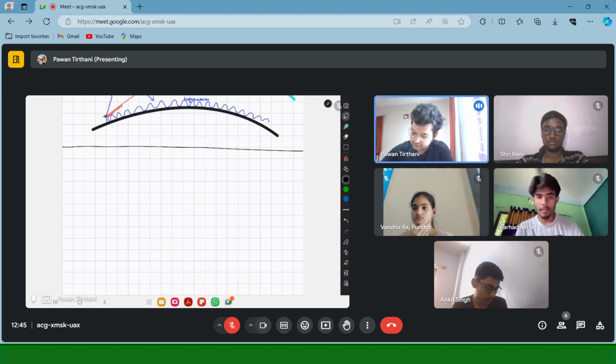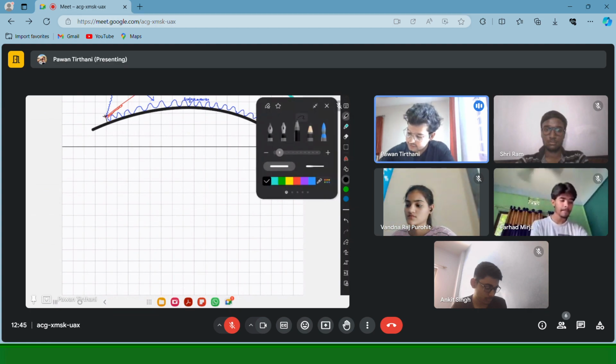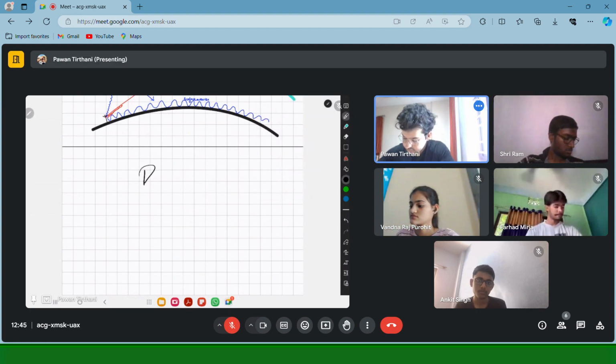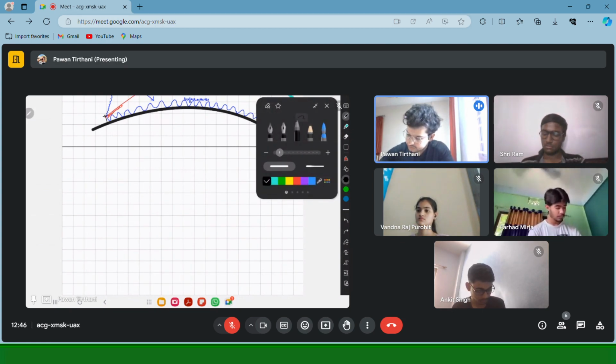If you have enough space in your notes, you may also write this down, where you were writing down about phase. Okay, what is phase? Phase is the angular position of a wave.